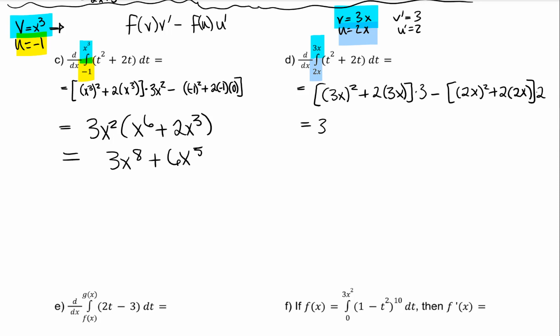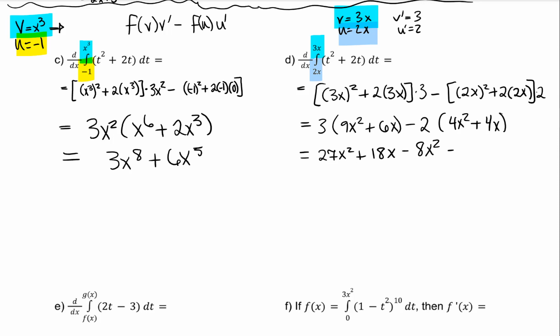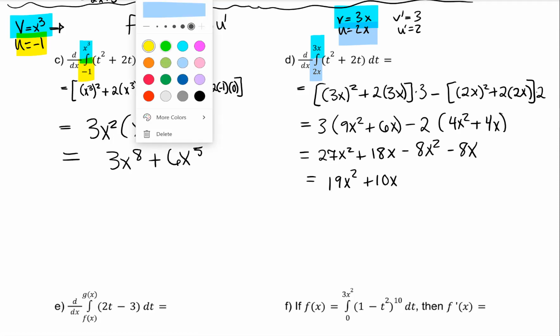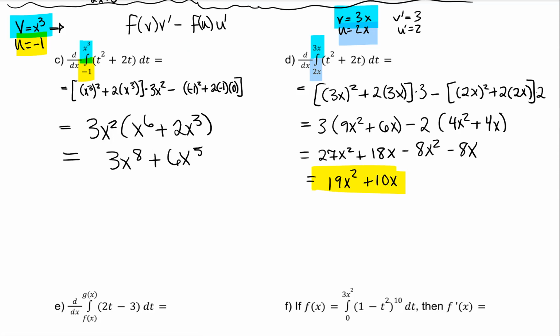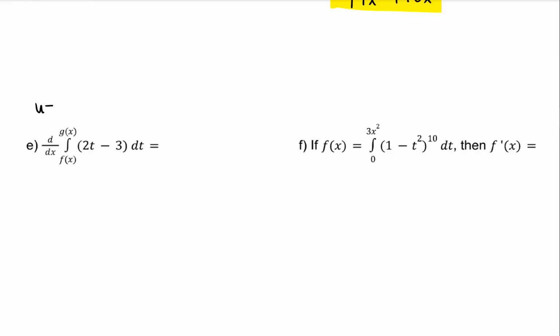Simplify. Here is our result. Part E, u is f of x, v is g of x, and you know the derivatives of those.